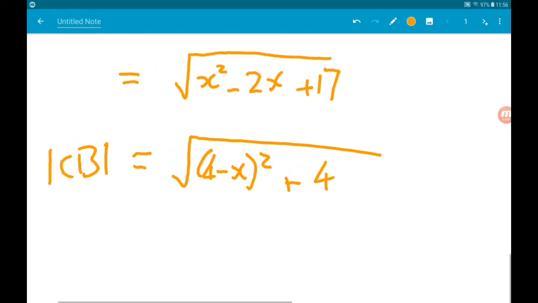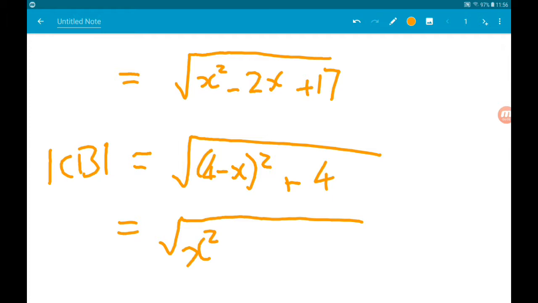Now if we expand, we get the square root of x squared minus 8x, add 16, add 4, so let's add 20.